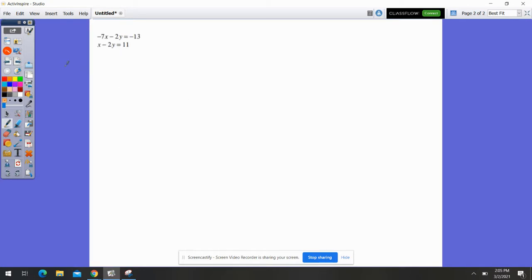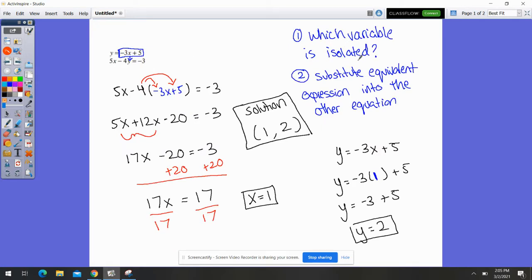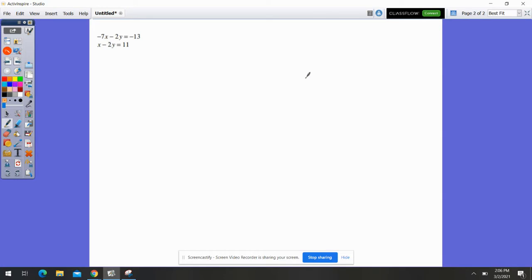Okay, sorry about that. So the thing that we want to look for is to ask ourselves which variable is isolated, okay? And in this case, we don't have one that's by itself. Therefore, we're going to have to change things around on our own. So what you're going to think to yourself is, okay, which equation can I easily manipulate so that one of these variables, x or y, is by itself?